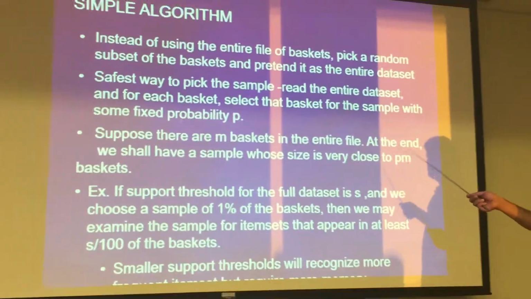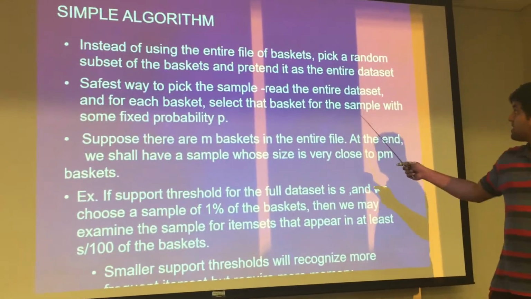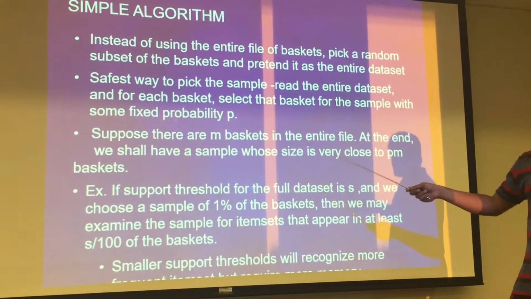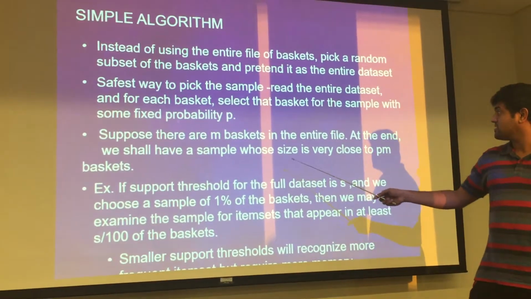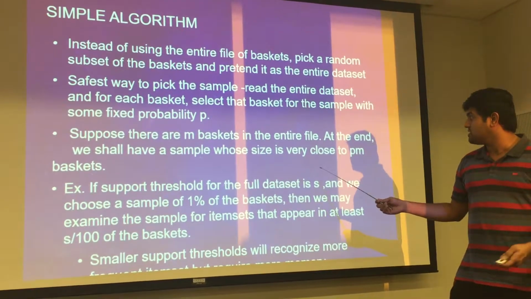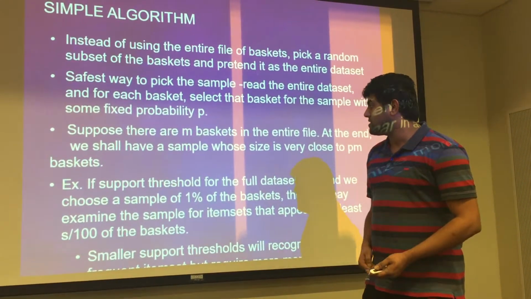select it for the sample or not. Since we are picking randomly, we fix a probability, let's say p, and suppose there are m baskets in the entire file. At the end we shall have a sample whose size is quite close to the product p times m baskets.